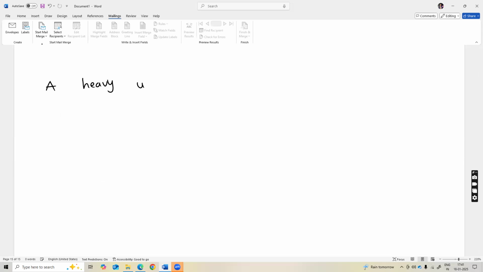A heavy uniform chain lies on a horizontal tabletop.